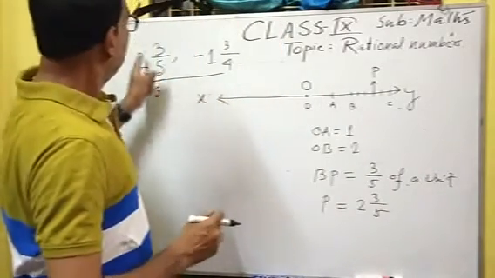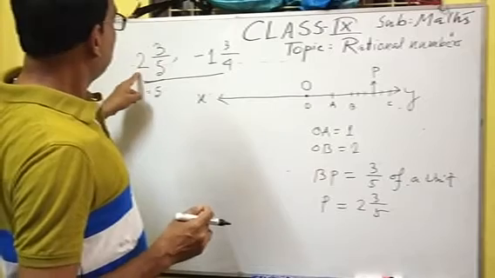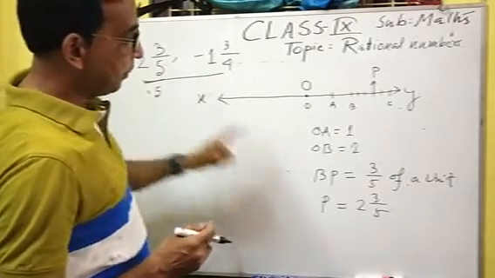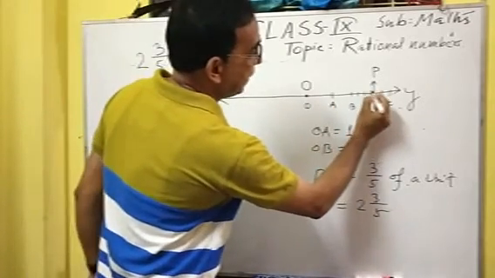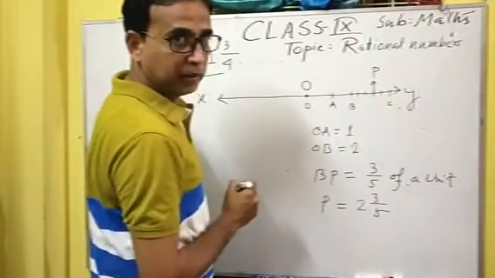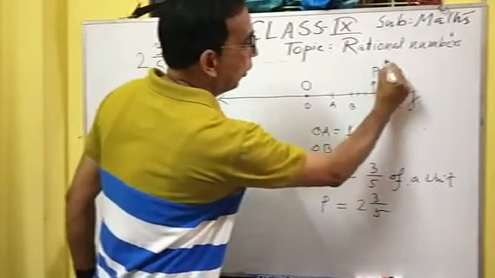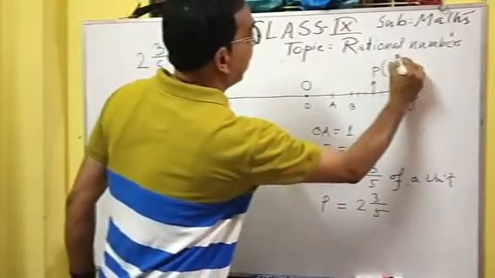So the rational number 2 whole 3 by 5 is represented by the point P.